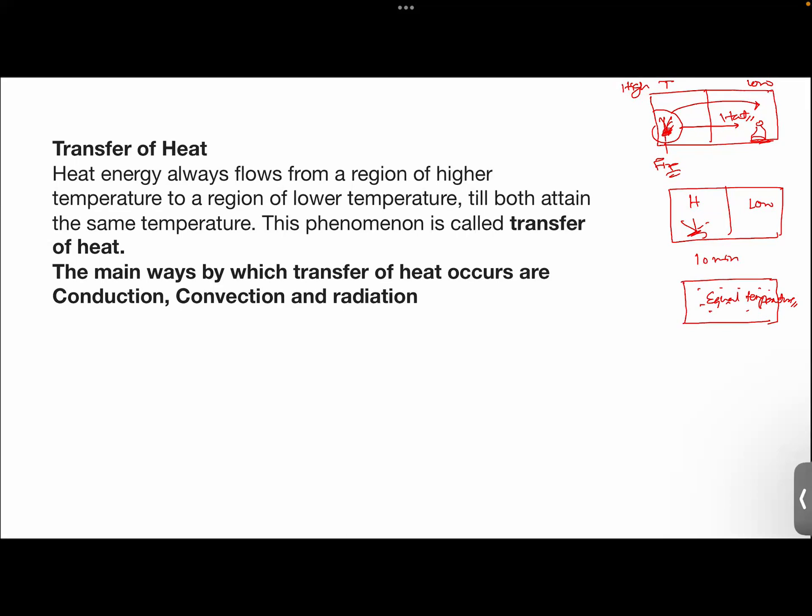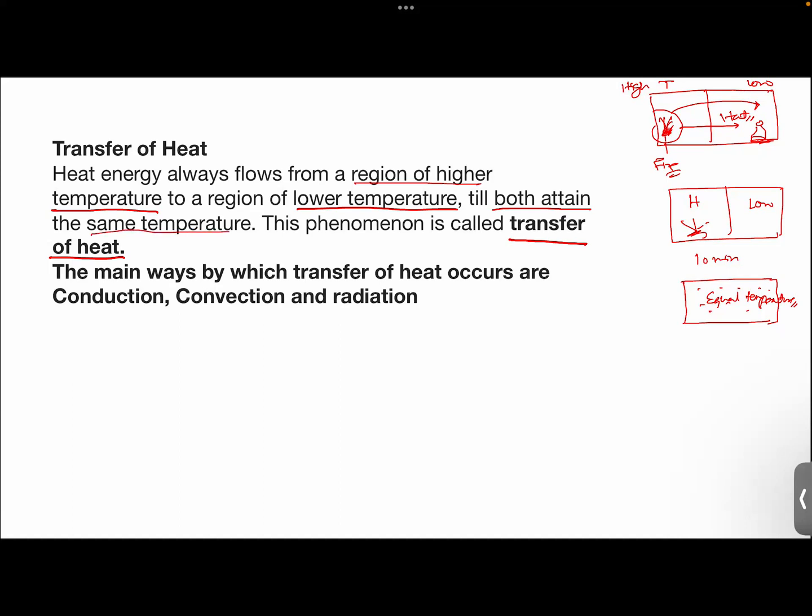So this is simply the transfer of heat. Two fundamental things about it: it is the flow of energy from a region of higher temperature to a region of lower temperature. Till when will it continue? Till both the regions have acquired the same temperature.